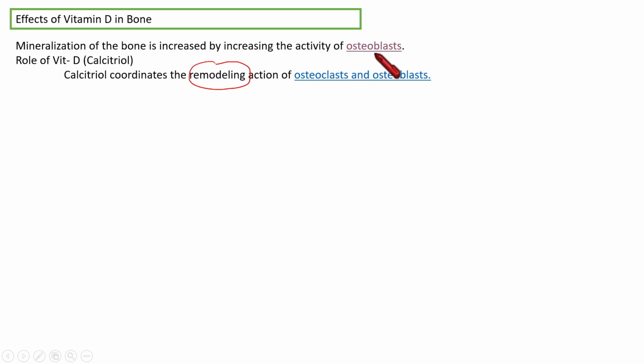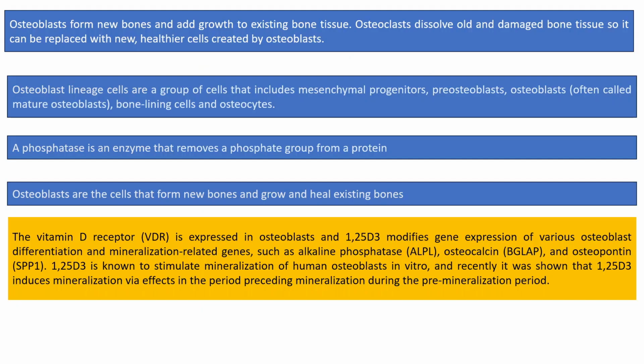Okay, before that, I don't know whether you know it or not. What are osteoblasts? Osteoblasts are certain cells which form new bones. And also by giving new cells for the bones, they can grow and heal the existing bones.